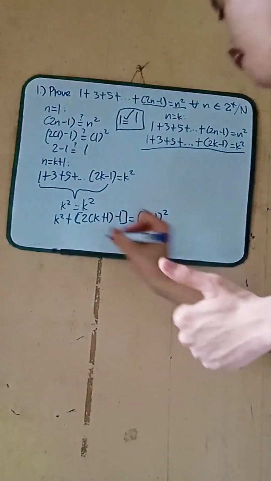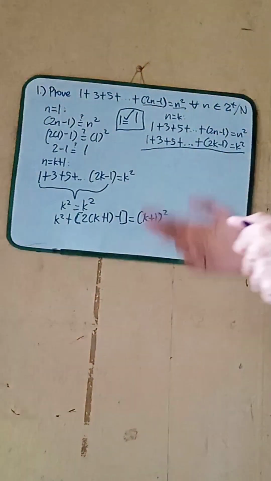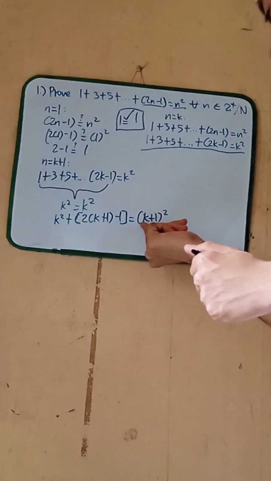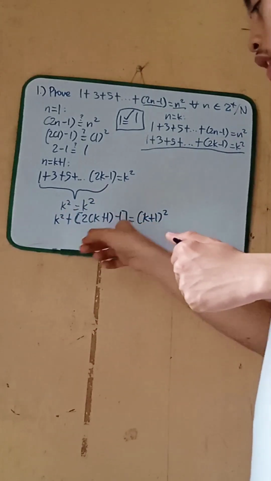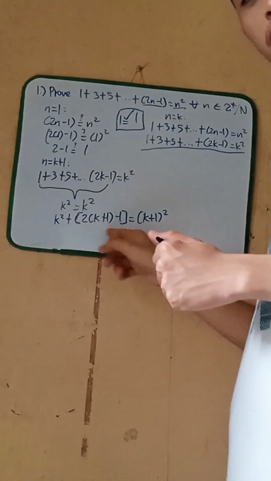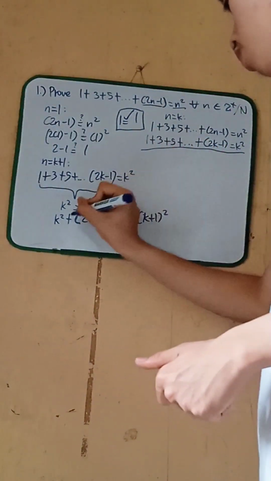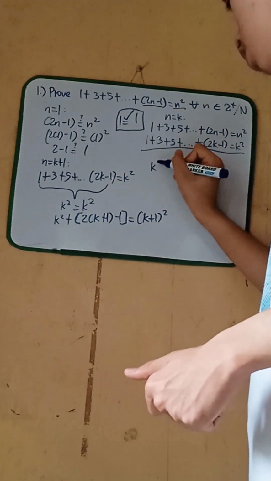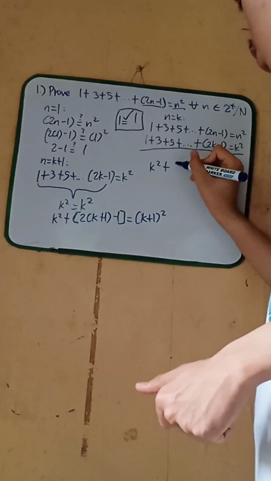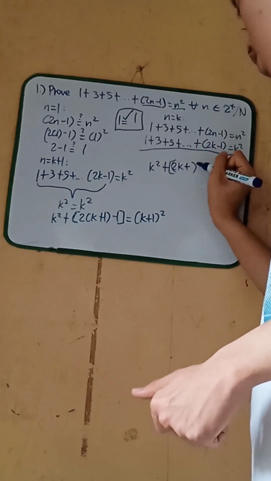So that's it. We could solve this in two ways. Either we expand both of the sides, or we condense this into this form. So let's see. First, 2 times k plus 1, we can solve using the distributive property. So plus 2k plus 2, right?